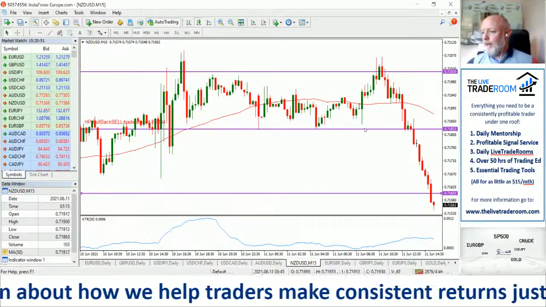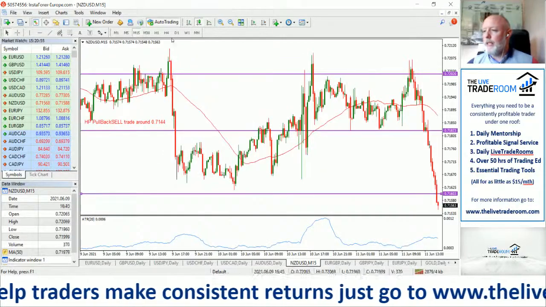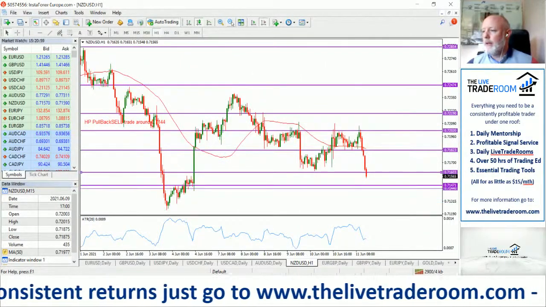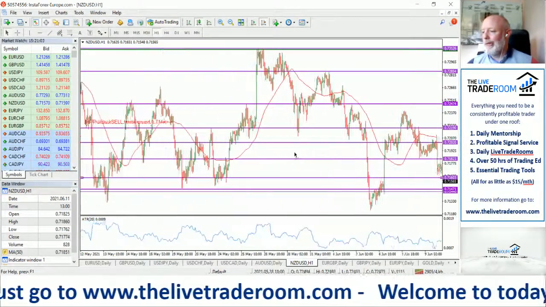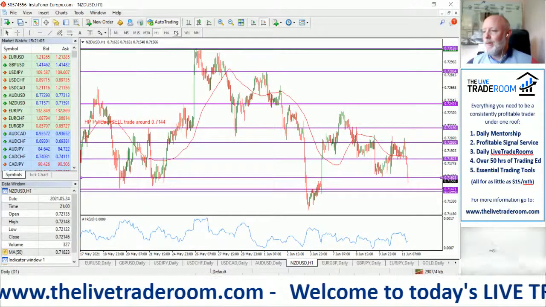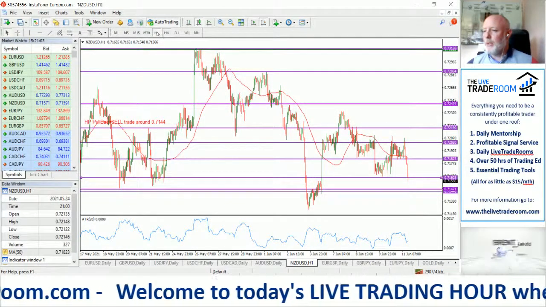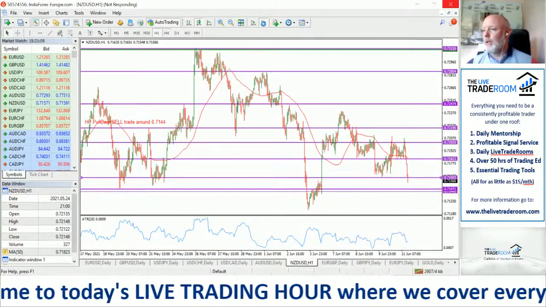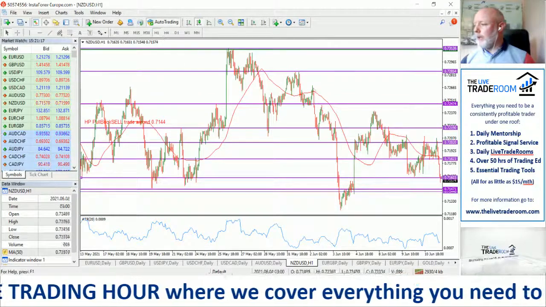Here's your previous level of support. Let me zoom out and see if I've got something slightly better to work with. Quality of the opportunity is just not great at all. I don't know why our chart is not responding like it normally does.